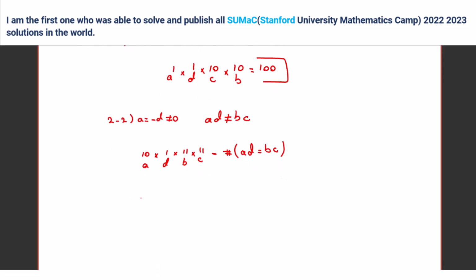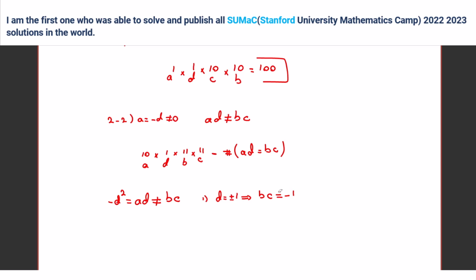We know AD is equal to negative D squared, right? This shouldn't be equal to BC, agreed? So we consider cases. Case 1: if negative D squared equals BC, D is plus minus 1. So in this case, BC shouldn't be equal to negative 1.